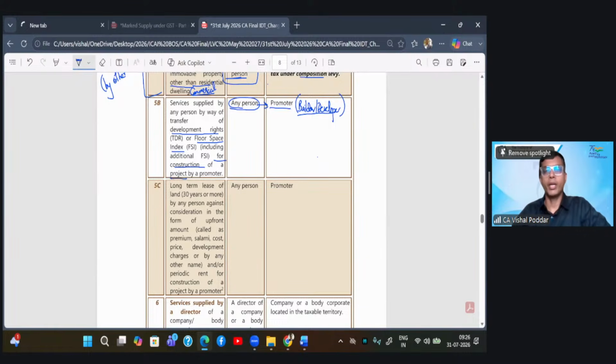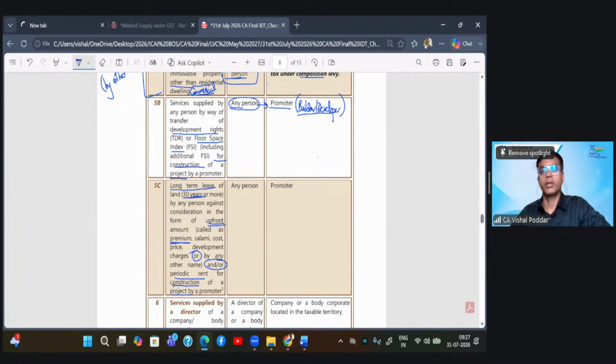Similarly, again, for construction of a project, here you are not transferring the development rights. You are giving the land on lease, of minimum 30 years. Now, when you give land on lease for a long term, you charge a premium upfront, or you may be charging periodic rent.